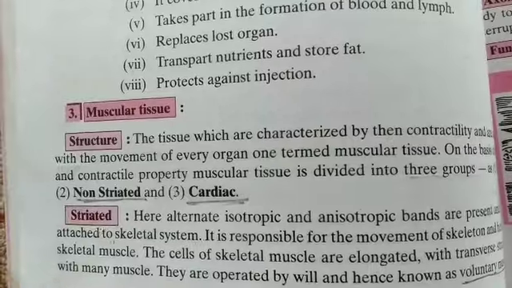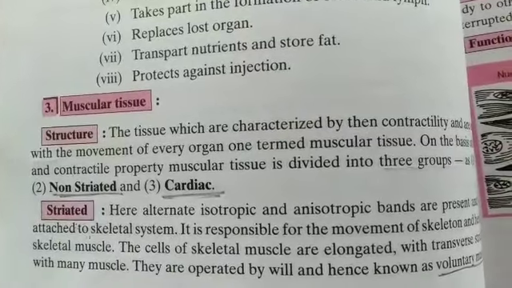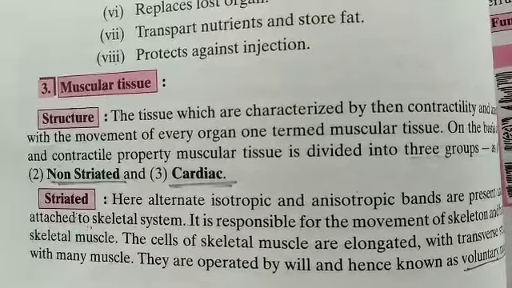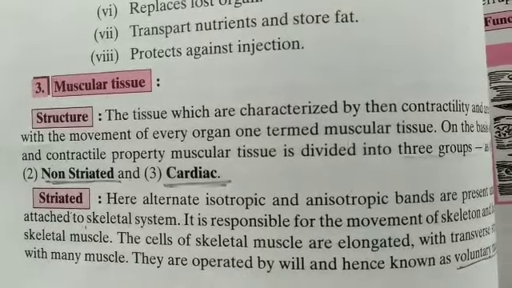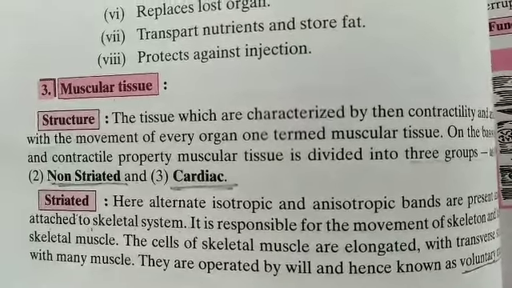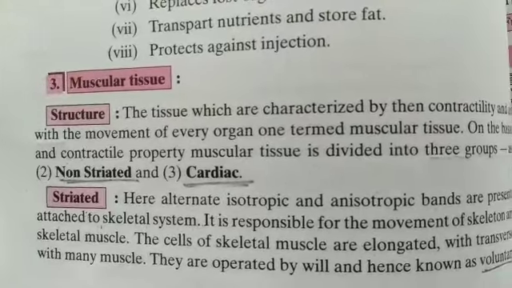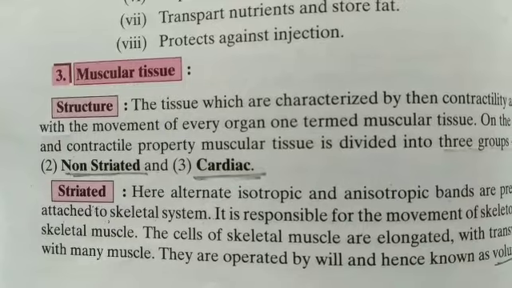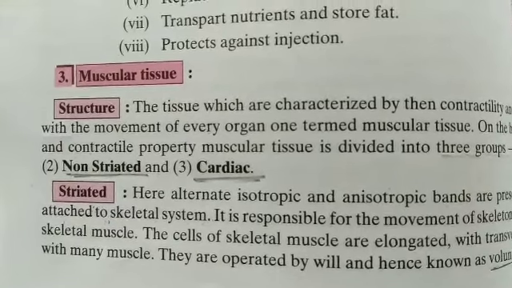What are striated muscles? Striated muscles mean there are striations present. Isotropic and anisotropic bands are present. They are also called voluntary muscles. Why are they called voluntary muscles? Because they can move on their own. That's why it is called striated muscle or voluntary muscle.